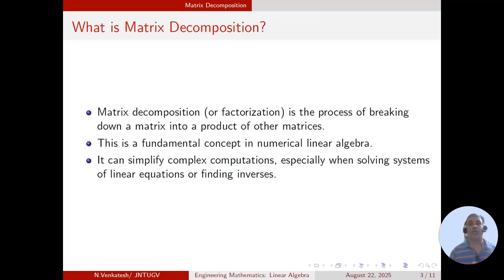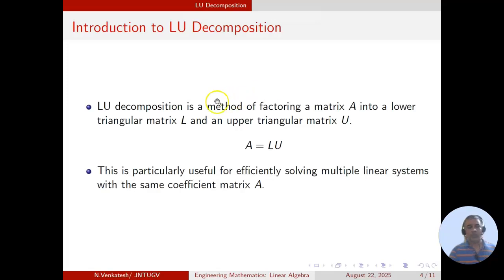So here we are going to factor A into two matrices, L and U, where L is a lower triangular matrix and U is an upper triangular matrix, and which is very useful in solving system of linear equations and finding inverse. So LU decomposition, as we discussed, is a method of factoring a matrix into two matrices where L is lower triangular matrix and U is an upper triangular matrix.